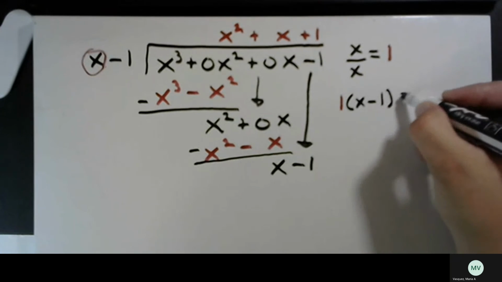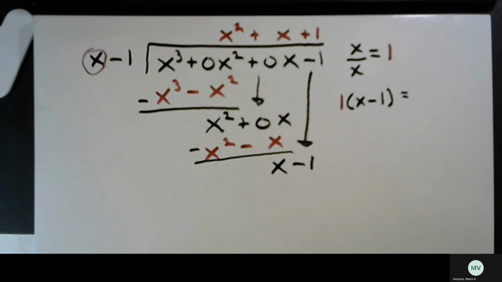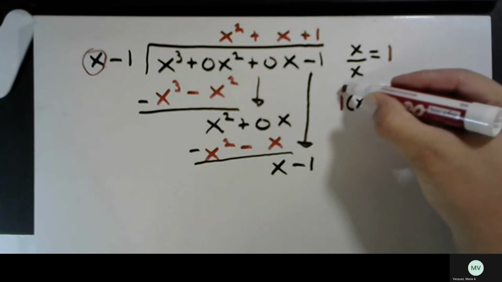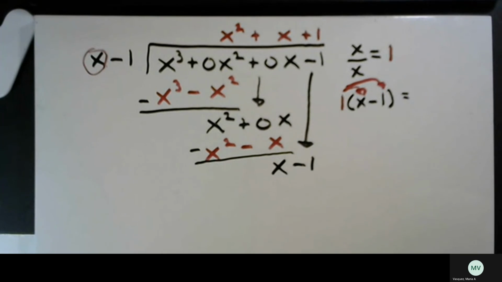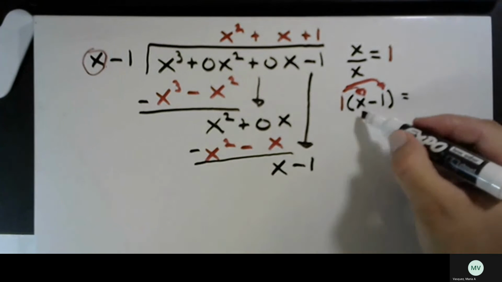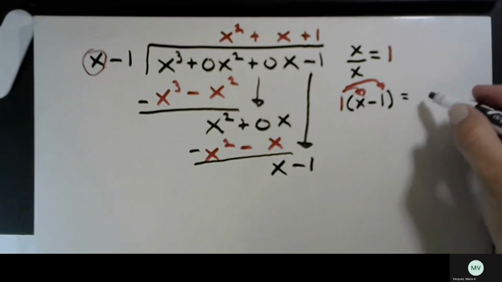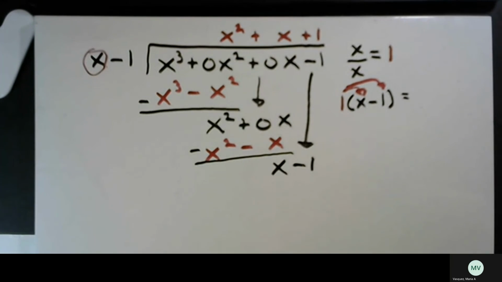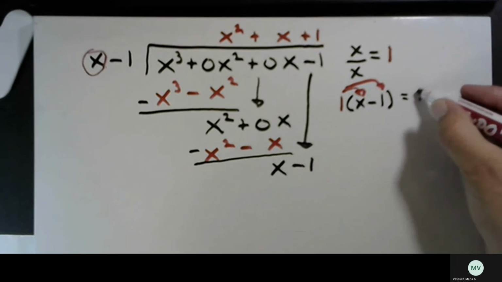X minus 1. And anything times 1 is just going to be itself, but you could distribute the 1 anyway. Either way, you're going to get x minus 1.